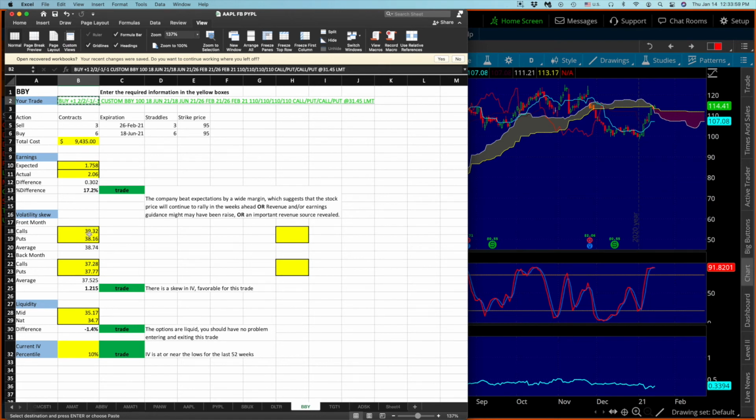The two different strike prices, I'm sorry, expirations. I'm gonna put here the June expiration and here the April expiration to see which one has the better volatility skew.